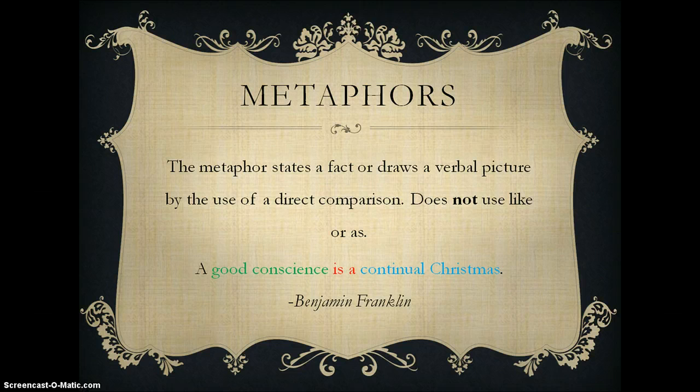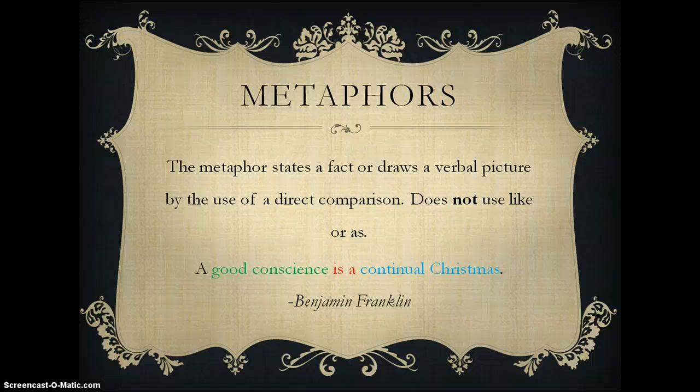So for an example of a metaphor, I have a quote from Benjamin Franklin. A good conscience is like a continual Christmas. Metaphors are slightly harder to spot than similes because they don't have a big red like in the middle of them to help you spot them in a sentence.